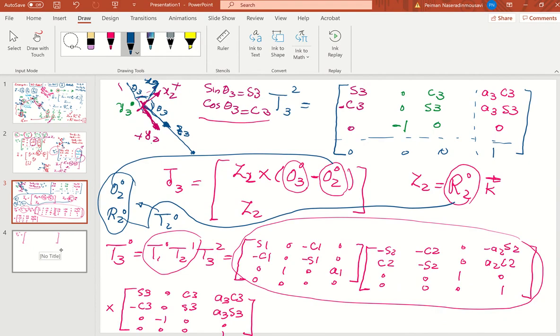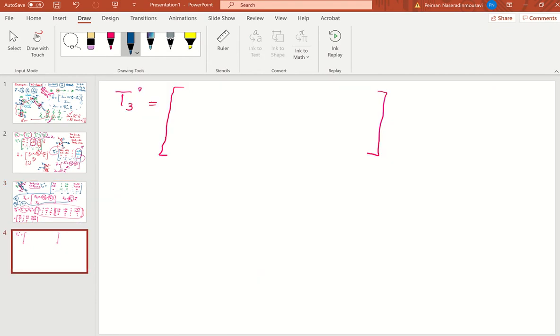I'm going to have minus S1 S2. That's right. Because we're already having the piece of paper for saving time.